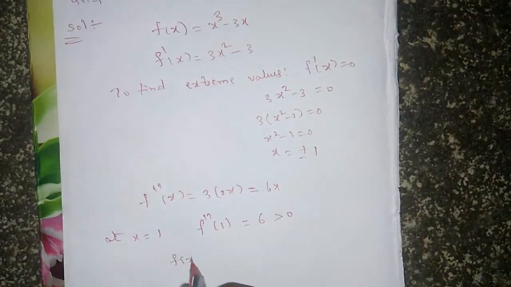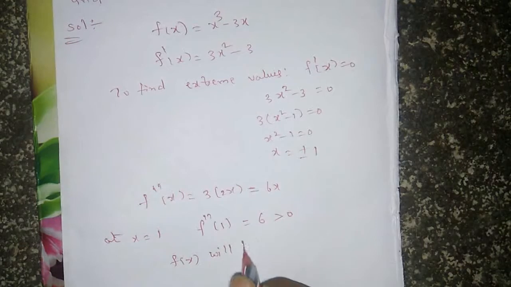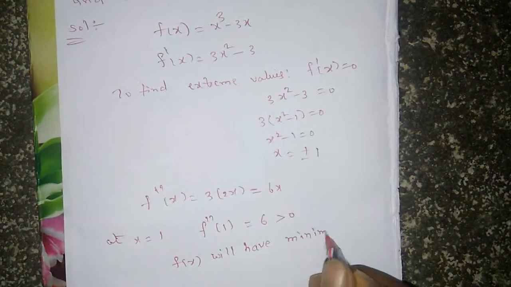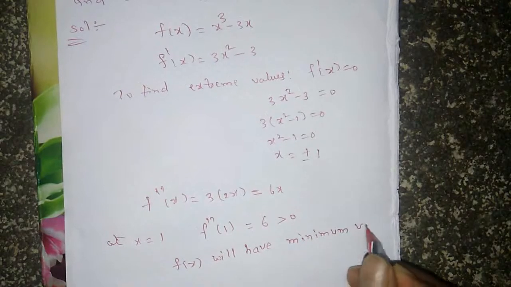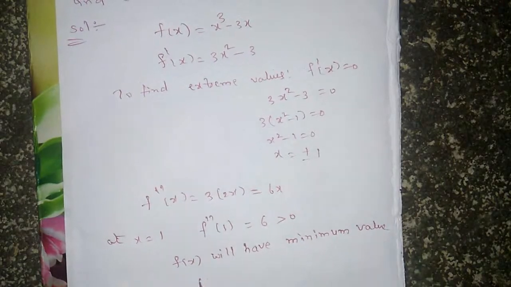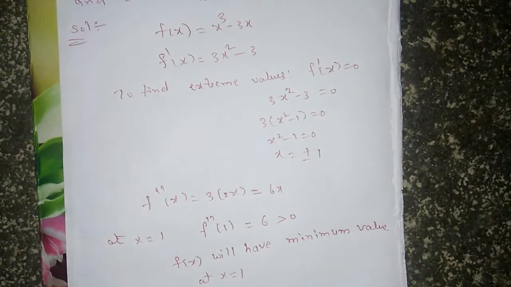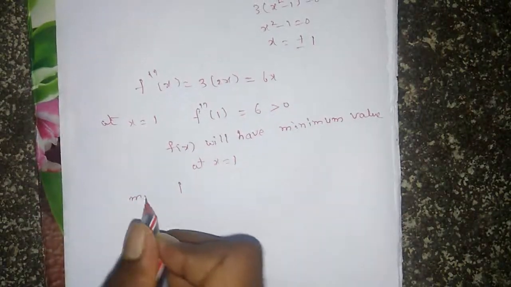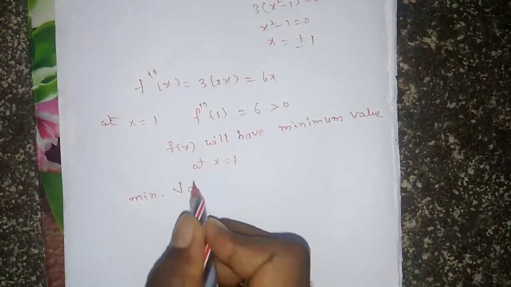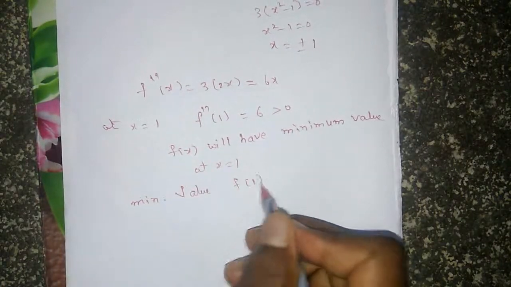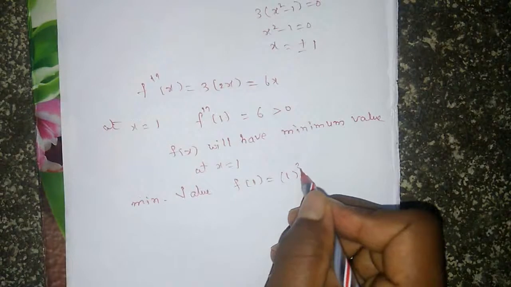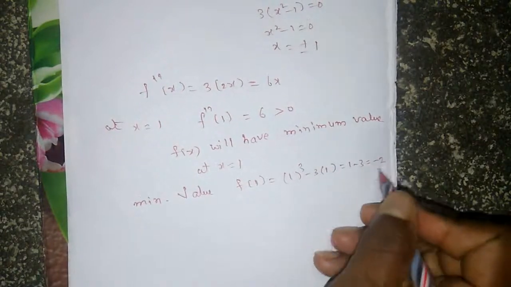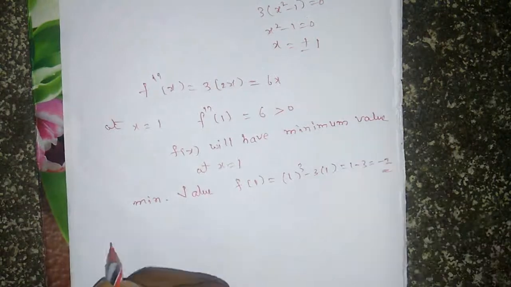Therefore f of x will have minimum value at x is equal to 1, and the minimum value is f of 1, that is equal to 1 cube minus 3 into 1, that is 1 minus 3 is equal to minus 2, is the minimum value of the given function.